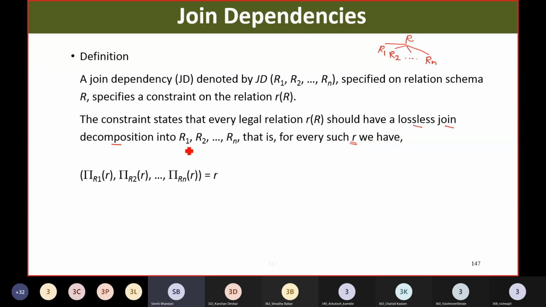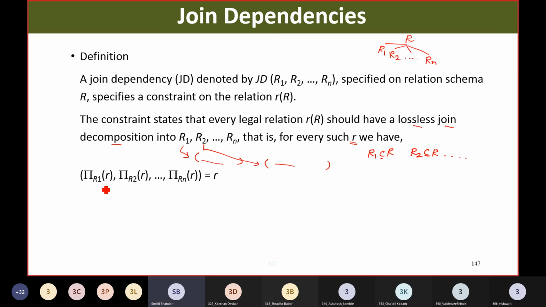Obviously R1 has some schema, R2 also has some schema, meaning R1 is described with some attributes, R2 is described with some attributes. Similarly, Rn is also described with some attributes, those belong to capital R. So R1 is a subset of R, R2 is also a subset of R, and so on.